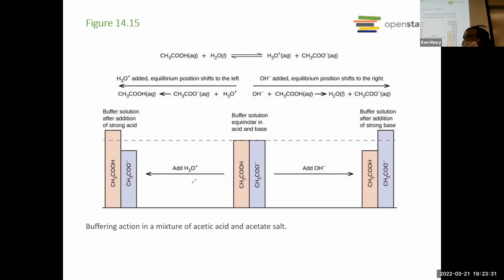If I add hydronium ion, so I add acid, it shifts this way and I end up with more of my acetic acid produced. If I go the other way, I end up with more of my base produced. Right now it's even. I shift one way, more base. If I shift the other way, more acid.